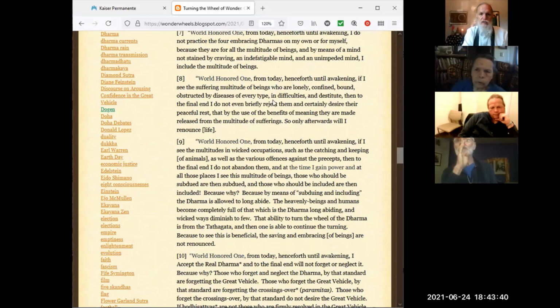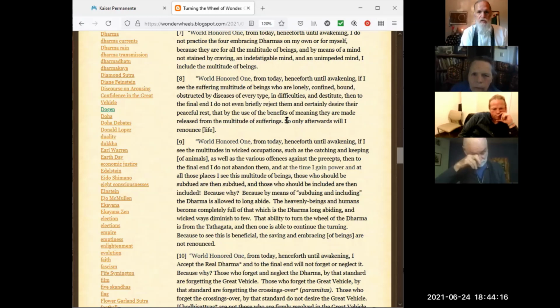The part here that's a little different is it's not just about helping people to awaken, leading them to awakening, but it's also in the meantime trying to attend to their sufferings, that being lonely, being confined or bound or obstructed by diseases and difficulties and destitute, and essentially not rejecting people and trying to bring them to rest and some kind of liberation.